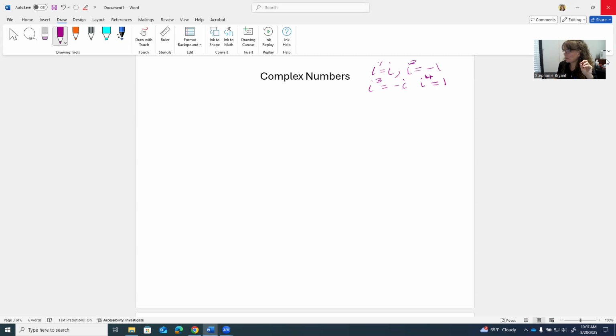So my first example is the negative square root of 121. What I'm going to do is break it down. I got this negative on the outside, so it's the same as negative 1 times the square root of 121. I know that most of you got a calculator and you're just going to type it in.